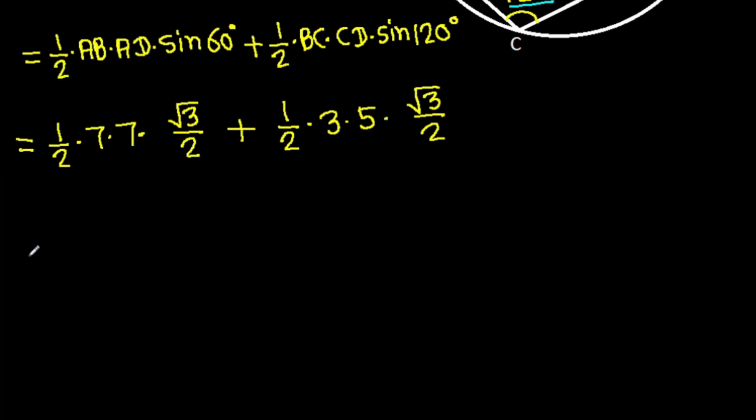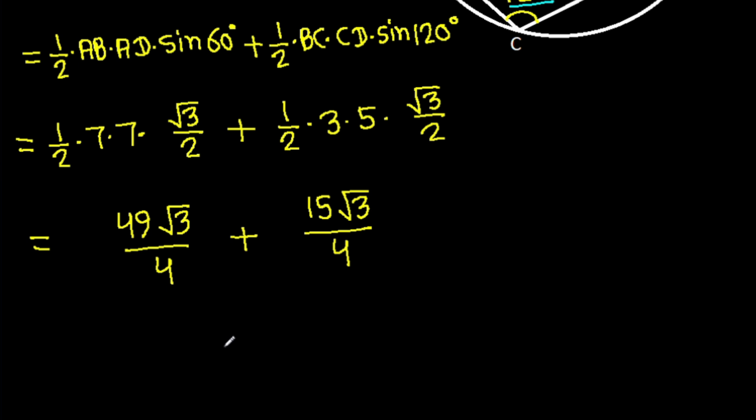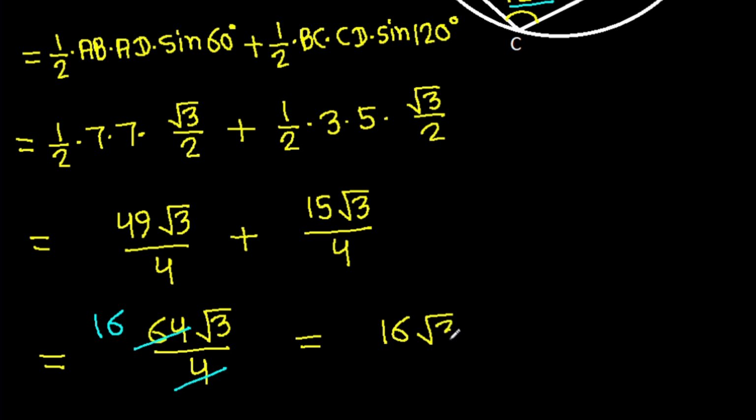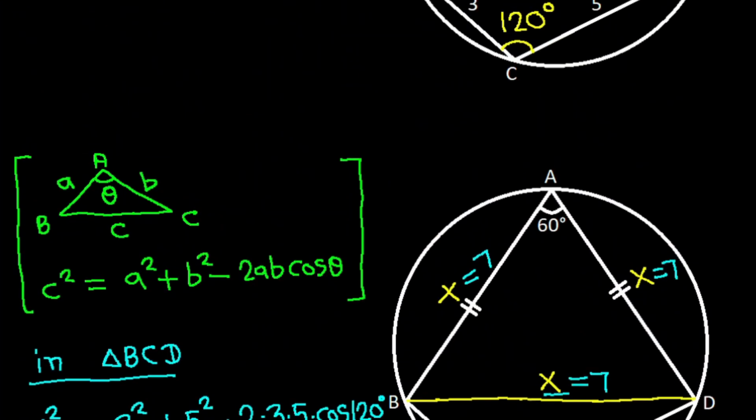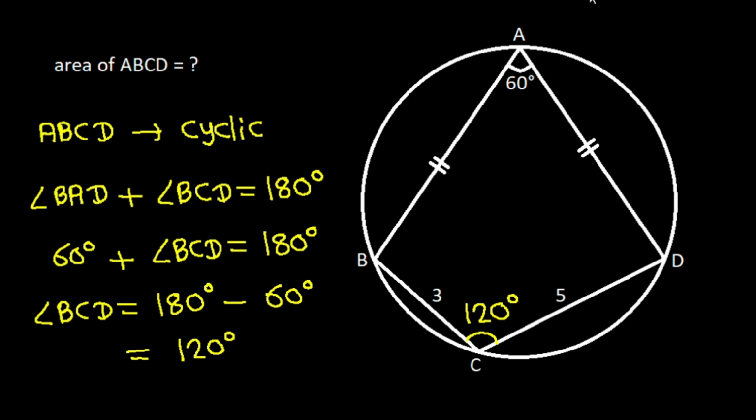It is 49 times root 3 over 4 plus 15 times root 3 over 4, and it will be 64 times root 3 over 4, and 64 divided by 4 is 16, so it is 16 times root 3.